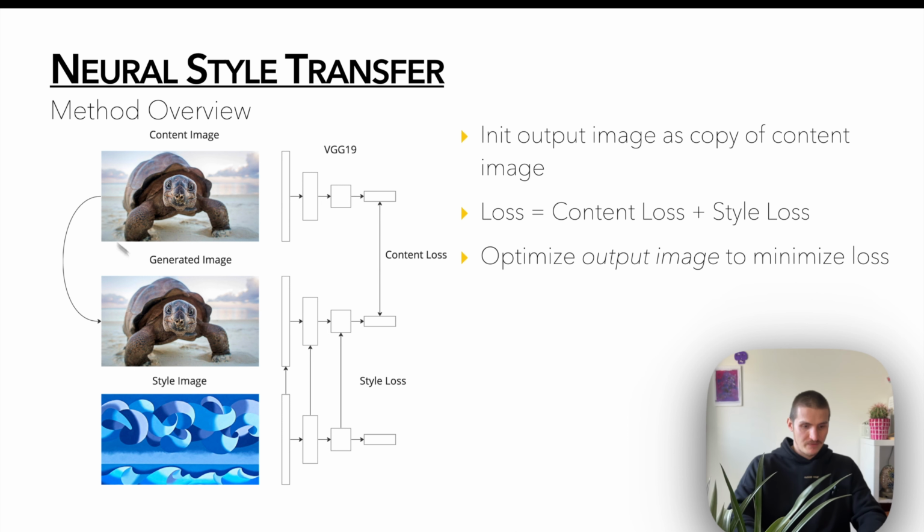Then we have the content loss that cares less about specific details, specific pixel values, edges and strokes and colors, but cares more about the actual content of an image. So is it a head of a turtle? Is it a turtle at all? Is it sky? Is it sand? And it cares where it is located. So we need to have a turtle head at the same spot as in the original picture.